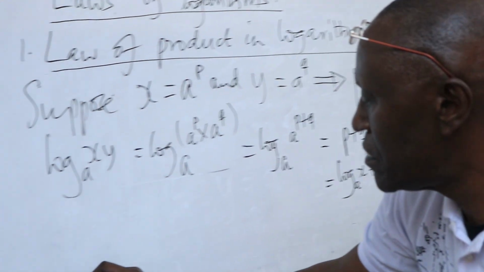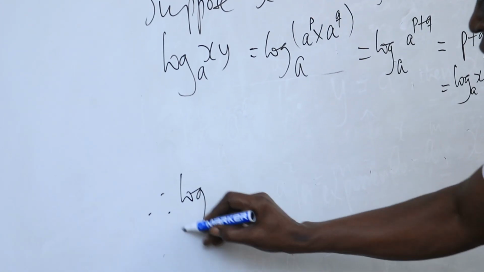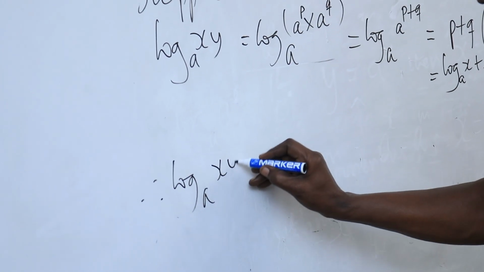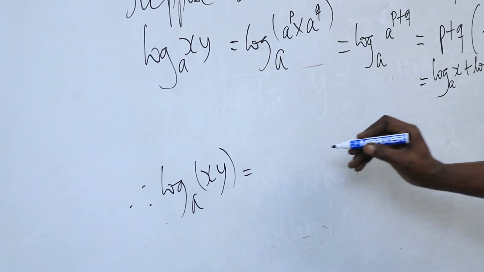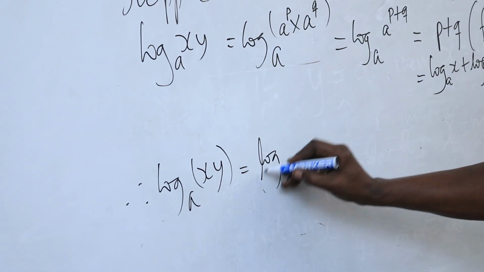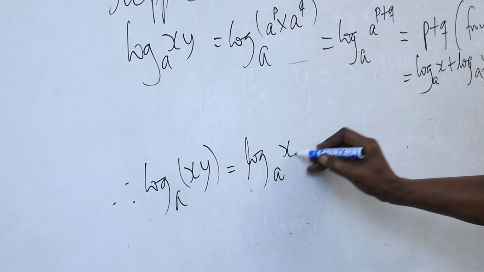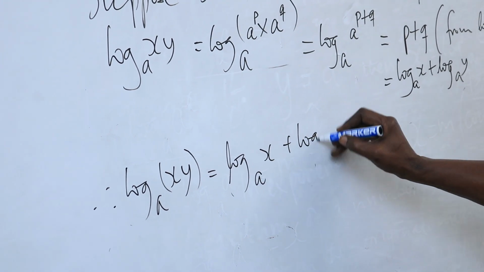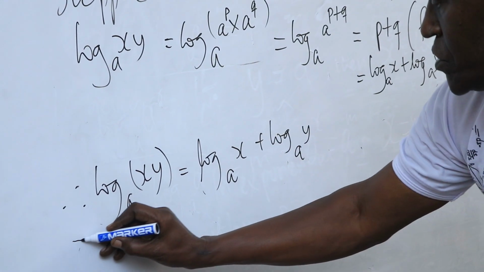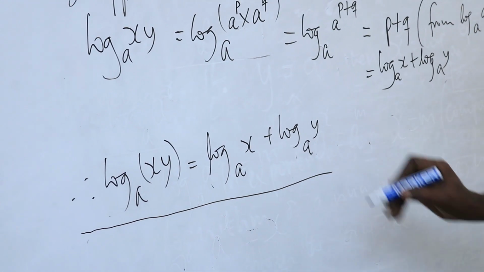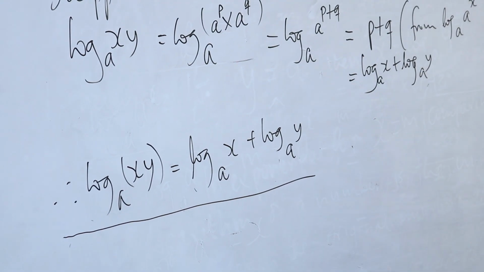Hence, the logarithm of xy to base a is just equal to the logarithm of x plus the logarithm of y. This is the so-called logarithm of a product.